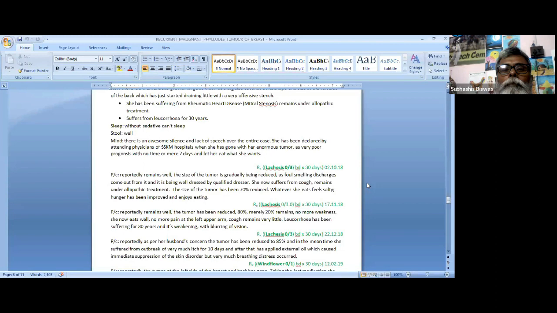Cancer cases have a peculiar bad-smelling stench, and even after good dressing, whenever he came to my clinic, that smell stuck to me. It is being well dressed by collaborators. She now suffers from cough, and she has been taking allopathic treatment for her cardiac disorders, rheumatic heart disease, mitral stenosis.